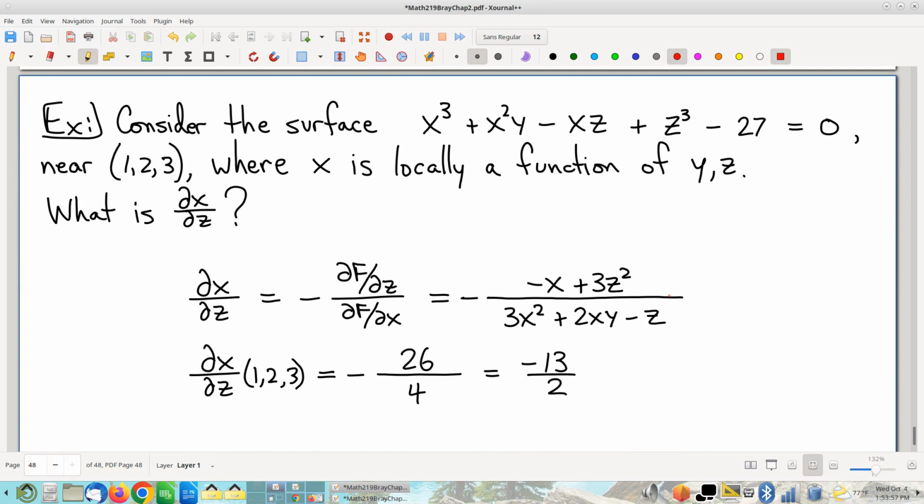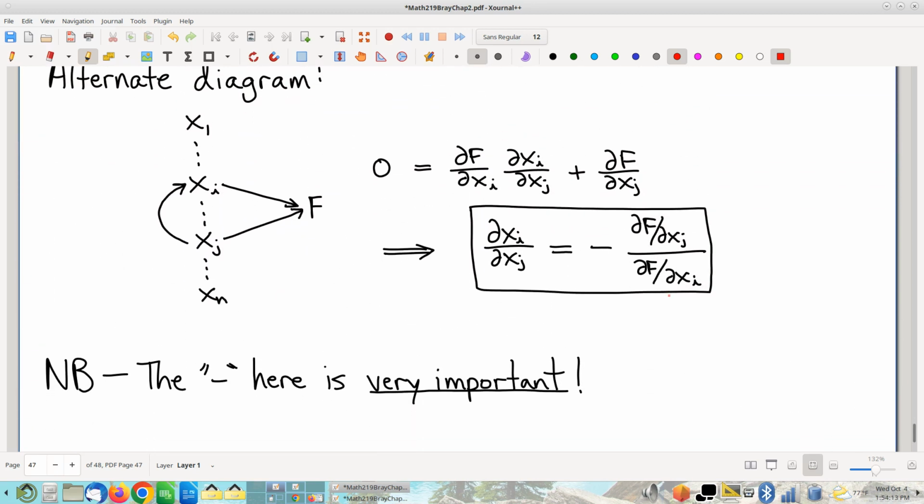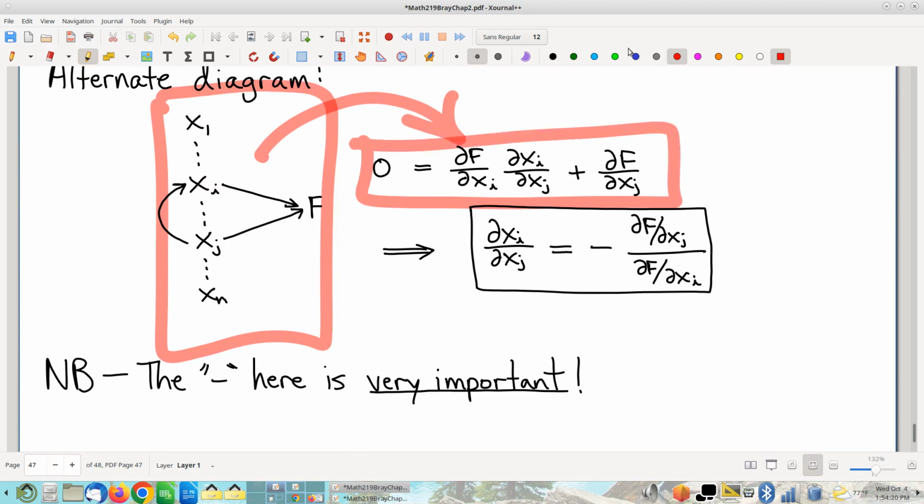And you could imagine you might be doing a problem in some other context. The variables might be p, q, and r, right? So don't try to memorize your way through that thing. The suggestion I'm going to make for how to remember the formula, really the best idea, is to understand how this picture gives rise to this equation and how you can then solve for the thing that you want. That's really the best way to do it, right? Is to understand the idea that leads to the result.